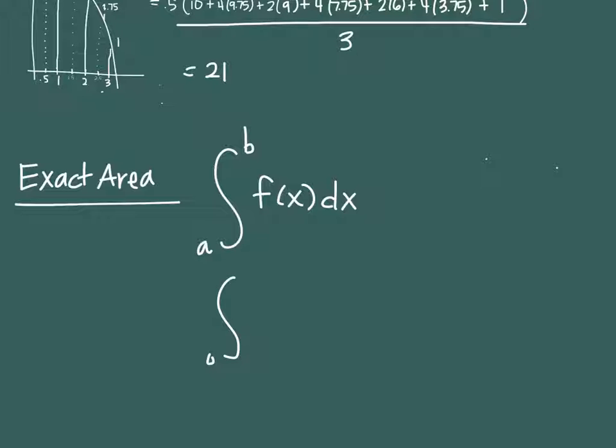I would go 0 here is where I'm starting, 3 is where I'm ending. The function is 10 minus x squared. I put that in parentheses. D means sort of on top of or literally with respect to, and then the x-axis. And that would be how I would write that, indicating that I'm finding the exact area. So everything we have so far is an estimate, and then this is how you're going to do exact.